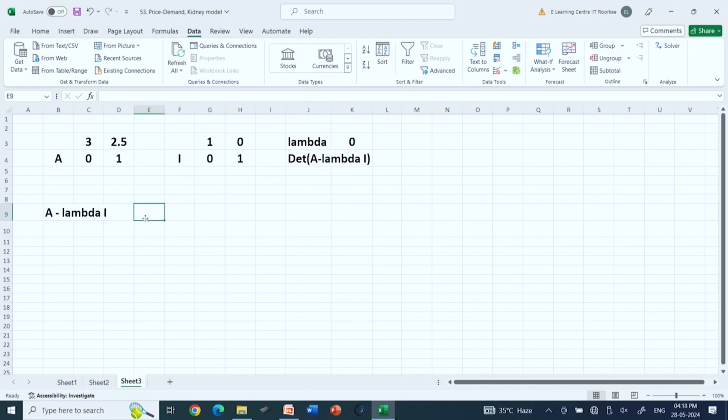So, what you do is you first highlight these 4 cells, because it is a 2 cross 2 matrix, and when you compute A minus lambda I it is going to give you a 2 cross 2 matrix.